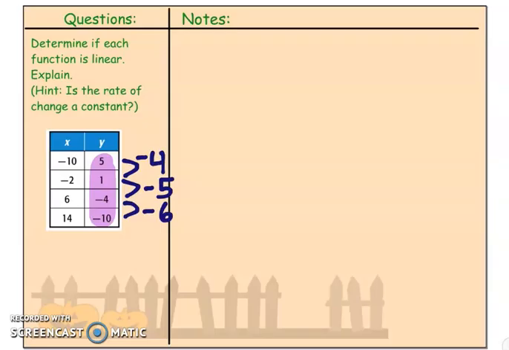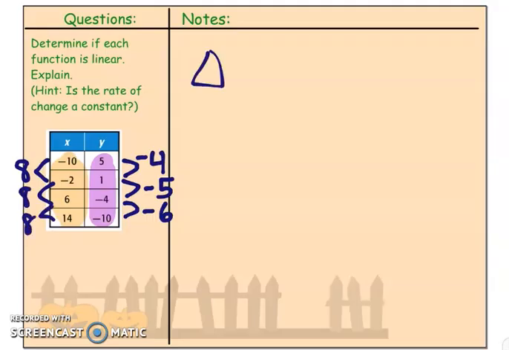You could use a number line to help you, or you could subtract them to figure out how much they're changing. Then over here, -10 to -2 is actually going up 8. It's getting closer to 0. -2 to +6 is also up 8, and so is 6 to 14.